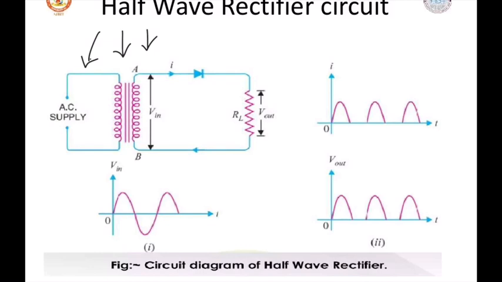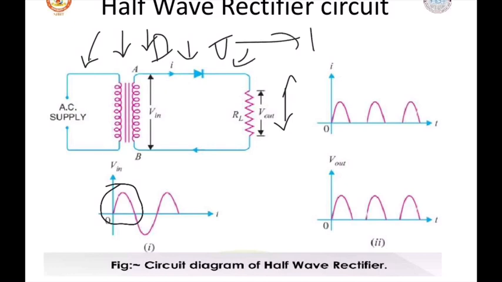When the positive half of the cycle input is given to the diode, what happens? The diode will be forward biased and conducts during that time, so the output you get will be pulsating DC. During the negative half cycle, the negative cycle is given to the diode's positive part.